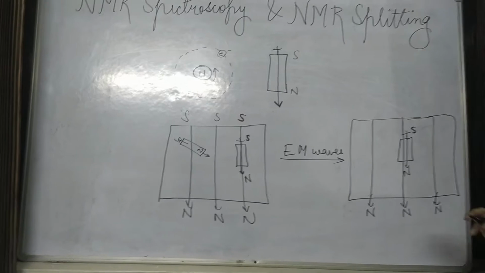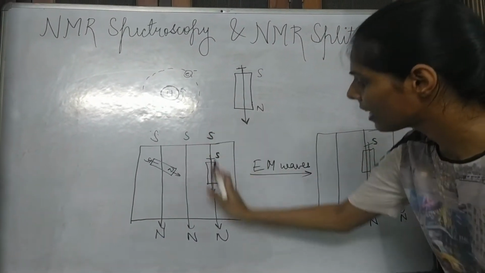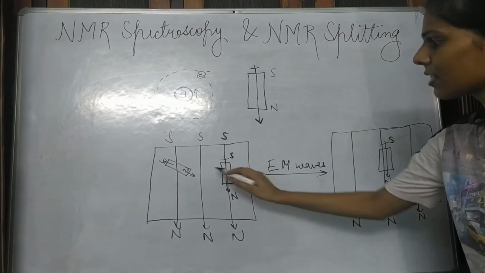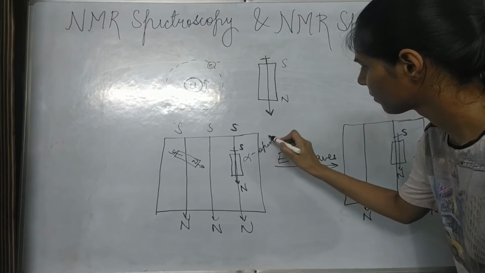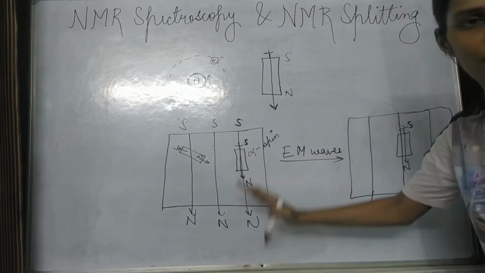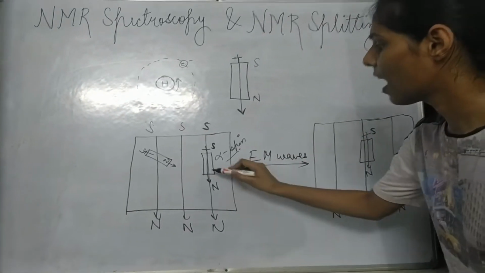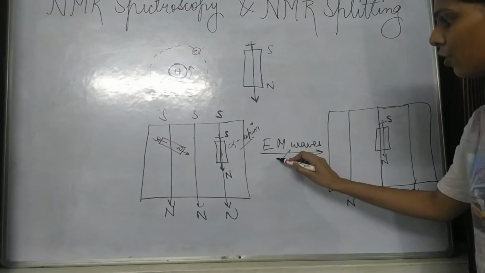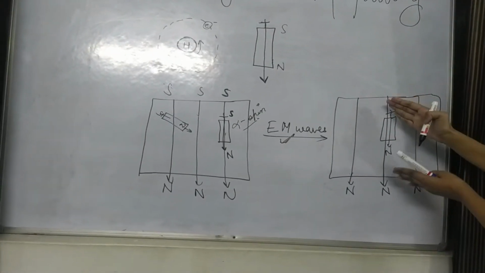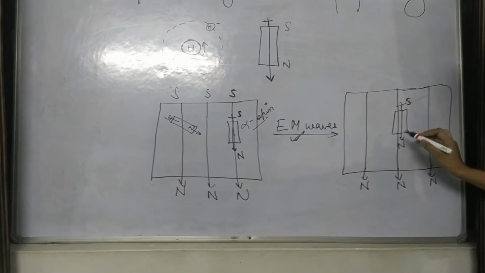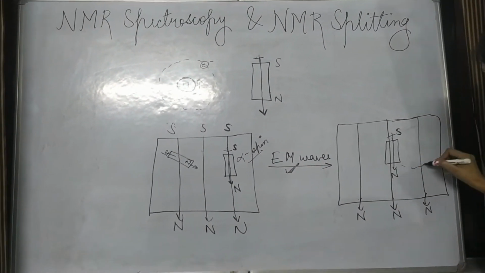And one more thing, the aligning of this atom with the magnetic field in the NMR machine is known as alpha spin. This is alpha spin. And when we apply the energy of the EM wave to spin it into the opposite direction of the magnetic field we applied initially, that is known as beta spin.